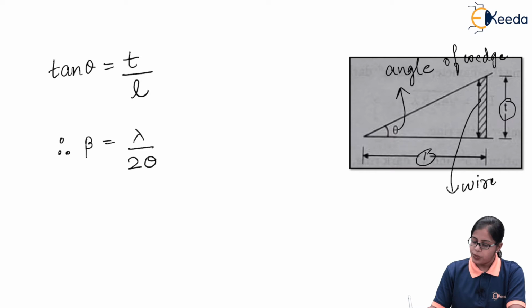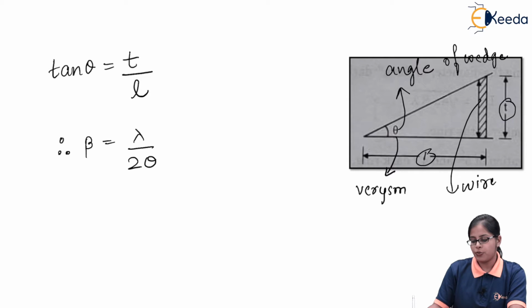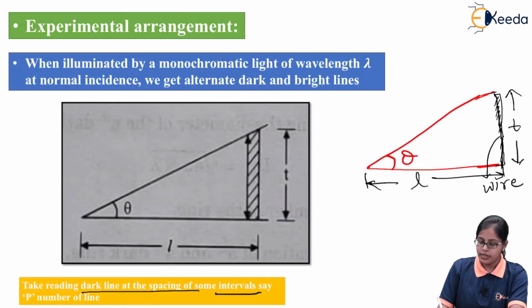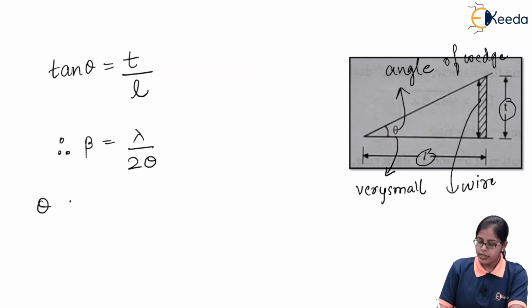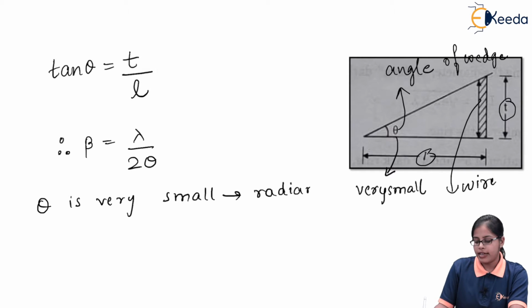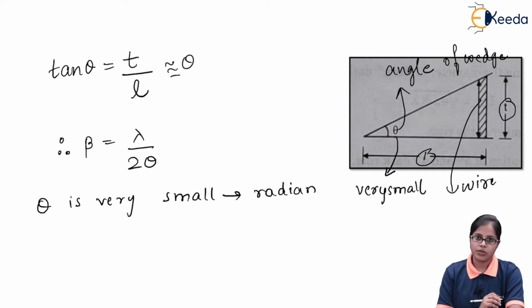Now, we know that the angle of the wedge is very small. If theta is very small, and it is measured in radians, then tan theta is approximately equal to theta.